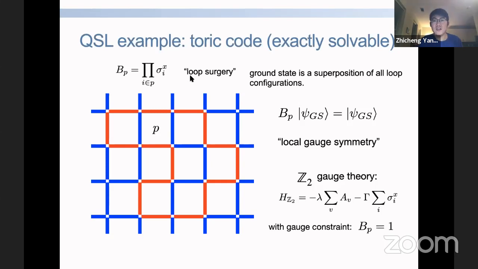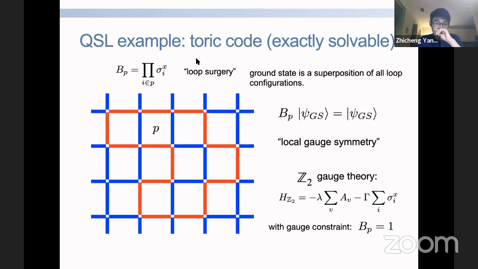As a result, the ground state in the presence of the B term is a superposition of all loop configurations on the lattice, and it doesn't break any symmetry. It doesn't order in any way. In particular, you can check that the ground state is invariant under the B operation for an arbitrary plaquette. This is basically a manifestation of the local gauge symmetry.